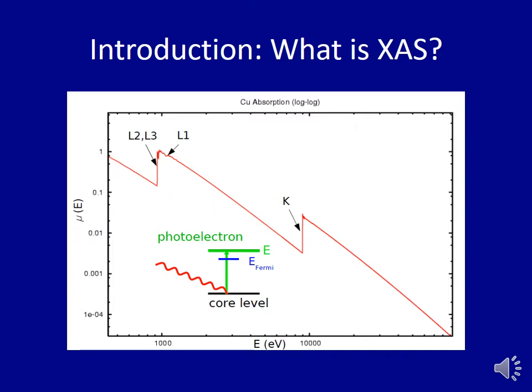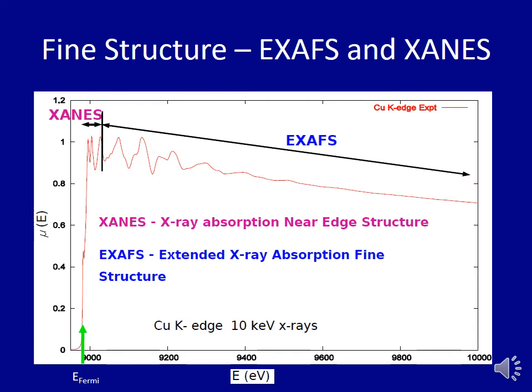Now, if you zoom in on one of these edges, you will see that there are oscillations, and that's what we call the fine structure. And qualitatively, just very briefly, these are due to quantum interference of the photoelectron with itself as it scatters off of neighboring atoms.